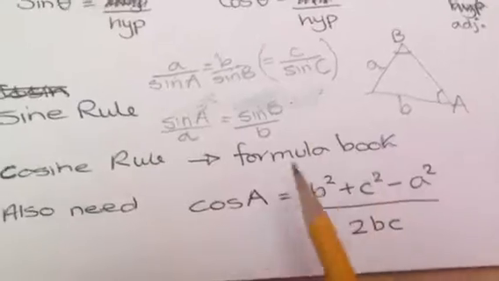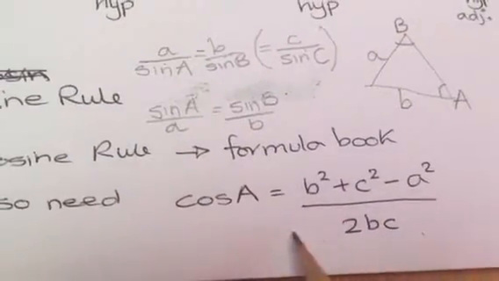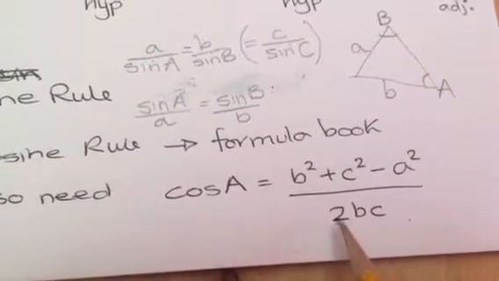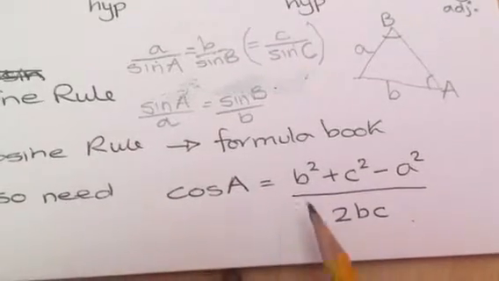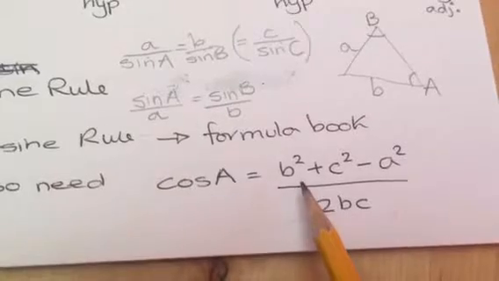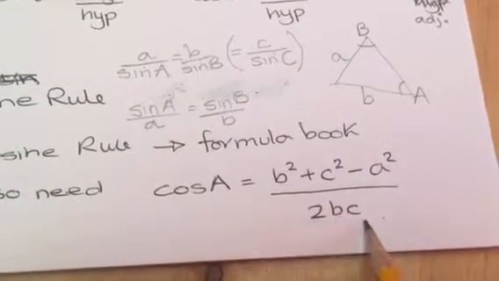You'll also need the other version of the cosine rule, and this version isn't in the formula book. So you need to either learn this version or be able to use the one in the formula book to find this out. So the other version you get, cos A is equal to b squared plus c squared minus a squared over 2bc.